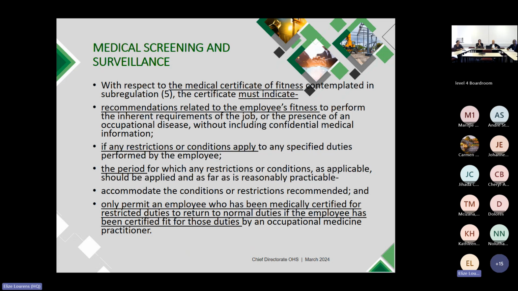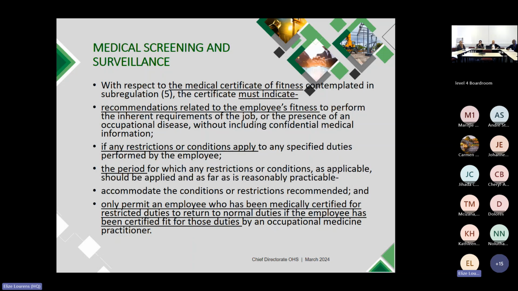With respect to the medical certificate of fitness, it must indicate recommendations relating to the employee's fitness to perform the inherent requirements of the job. If any restrictions or conditions are applied, they must be specified on this certificate, together with the period during which they will apply.